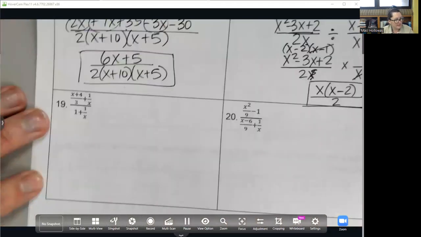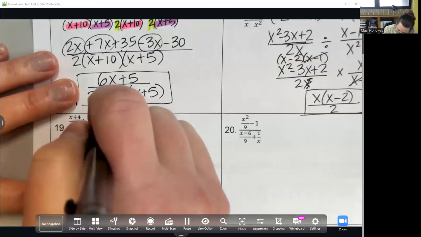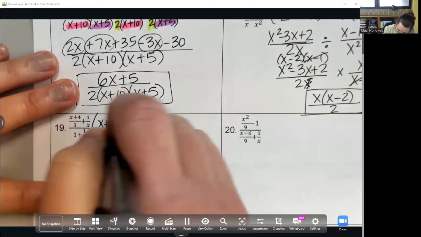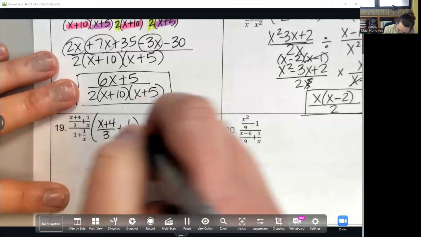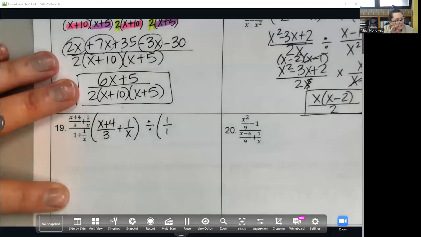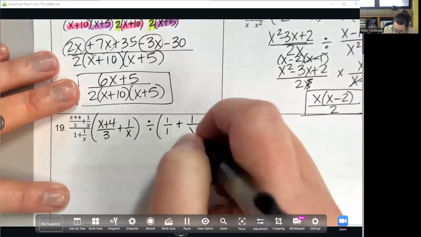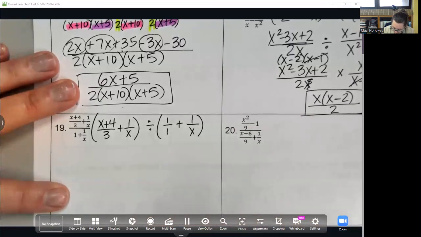All right, 2 more like this. Let's write them horizontally. So we have x plus 4 over 3 plus 1 over x divided by 1. I'm going to change that to a fraction by placing it over 1. Remember, you can change any whole number into a fraction by placing it over 1, and then 1 over x.